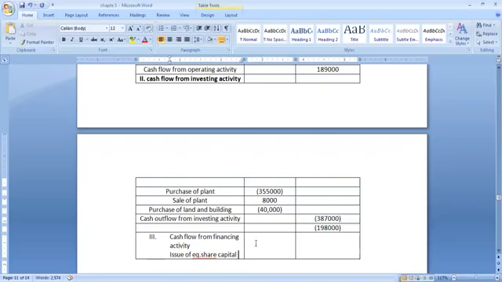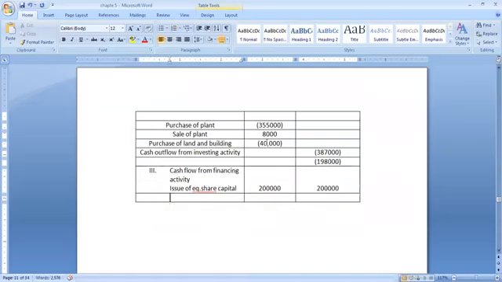Equity share capital is increased, right? The value has increased from 5 lakh to 7 lakh, so it is a 2 lakh increment. As there is no further adjustment, take this itself as a transaction. So 2 lakh will be the value of inflow of financing activity. Now minus 1,98,000 plus 2 lakhs gives you 2,000.